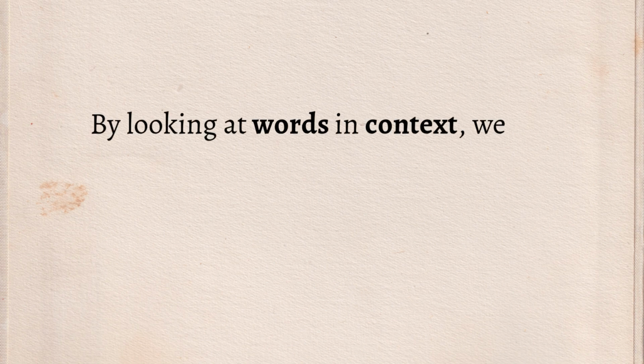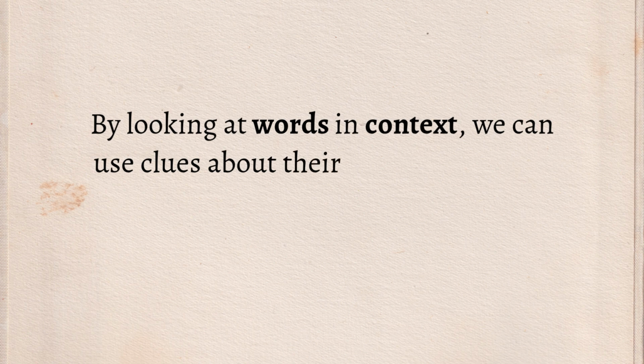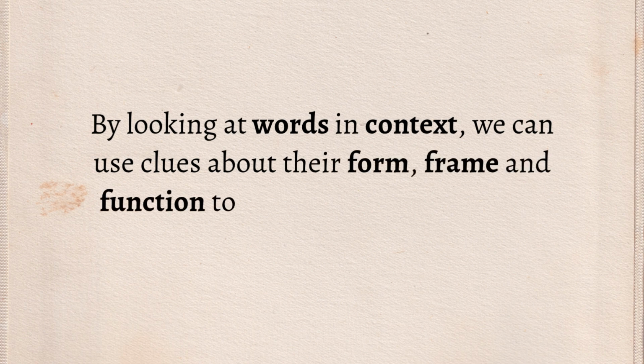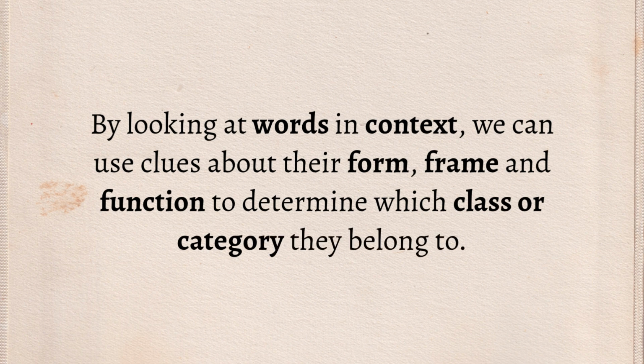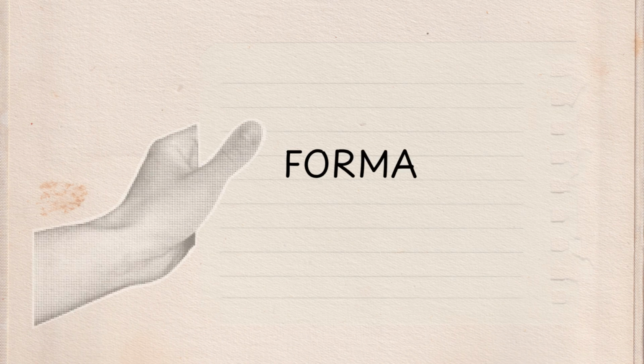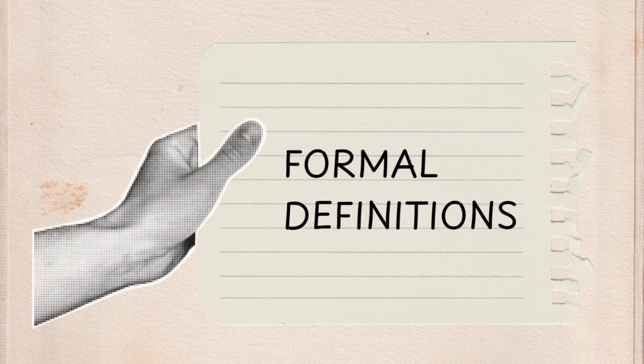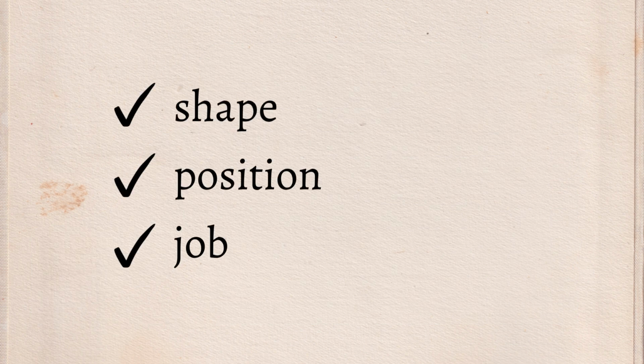So, by looking at words in context, we can use clues about their form, frame, and function to determine which class or category they should belong to. These are called formal definitions rather than notional definitions because they rely on a word's shape, position, and job to determine their category rather than what meanings they might gesture to.